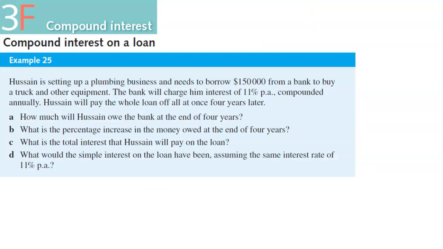Okay, so that was the bank paying someone money when they're saving their money with the bank. When people take out a loan, they have to pay the bank money, and that's also called interest. So I'll give you a moment to read the example. Okay, so how much will Hussein owe the bank at the end of 4 years? So he borrowed 150,000.